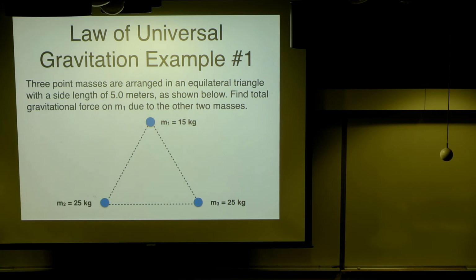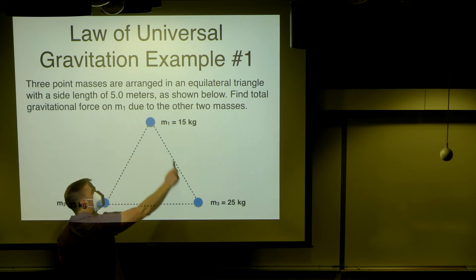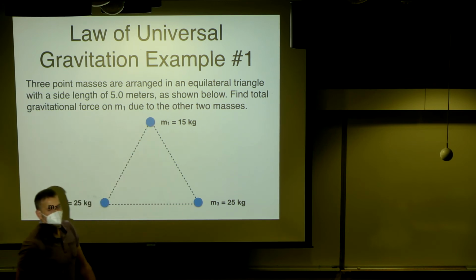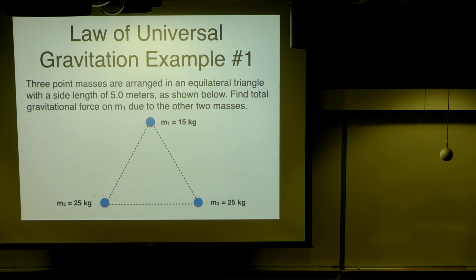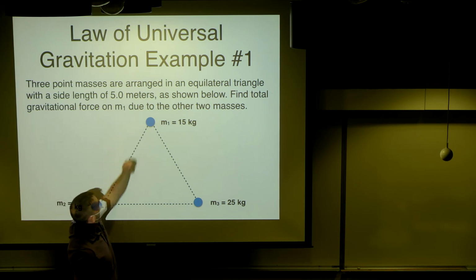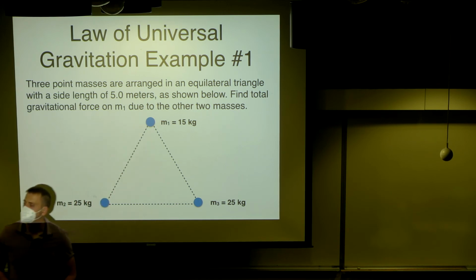Let's say they're arranged in an equilateral triangle, so that all sides have the same length. That length is going to be 5 meters. So we have 5 meters going this way, 5 meters going that way, 5 meters going that way. The question is: find the total gravitational force on M1 due to the other two masses.